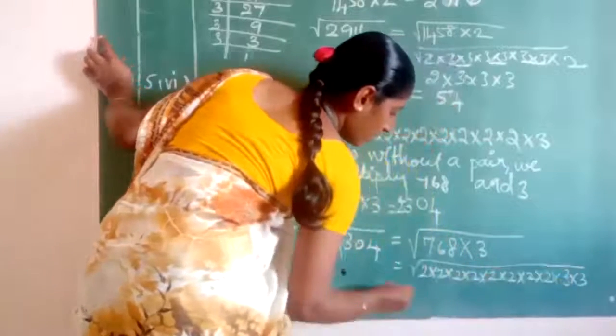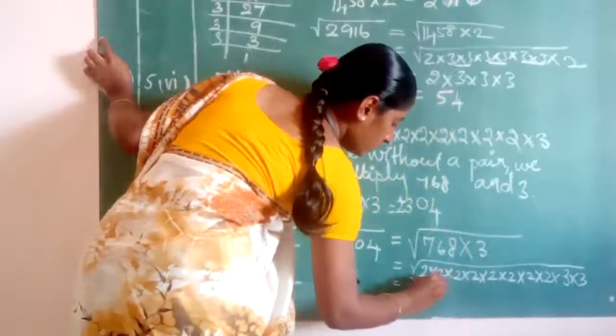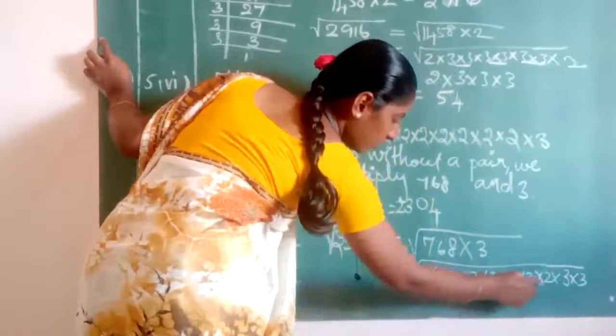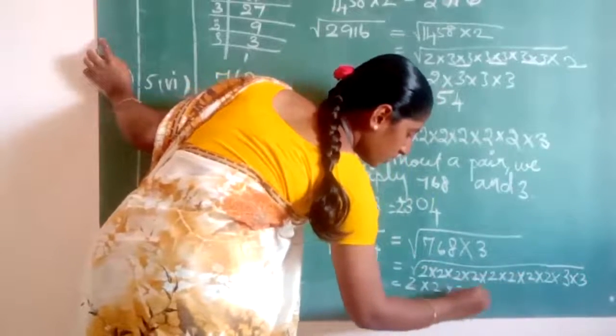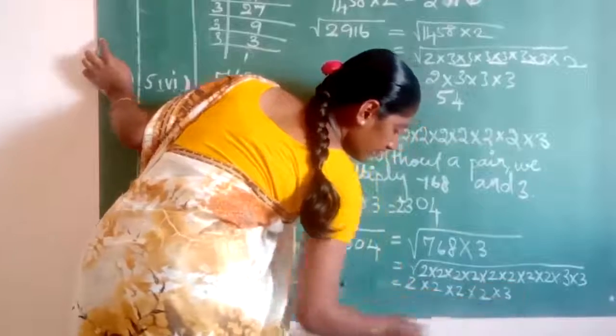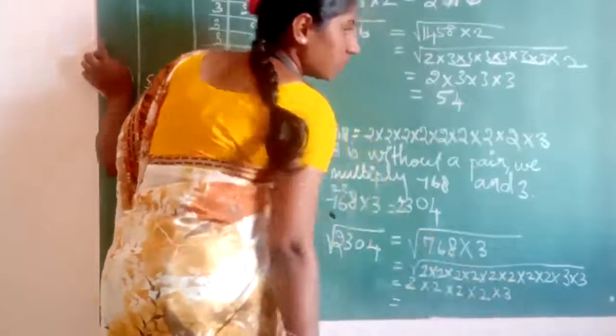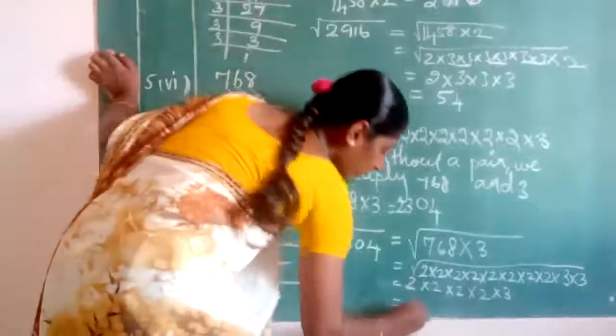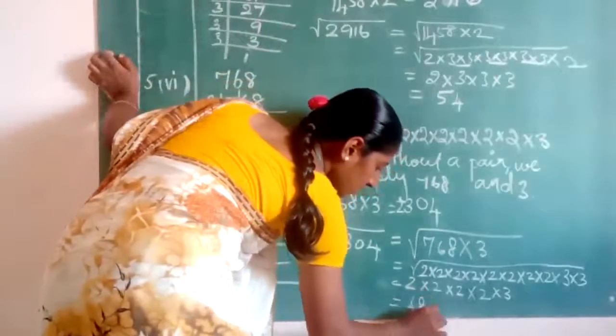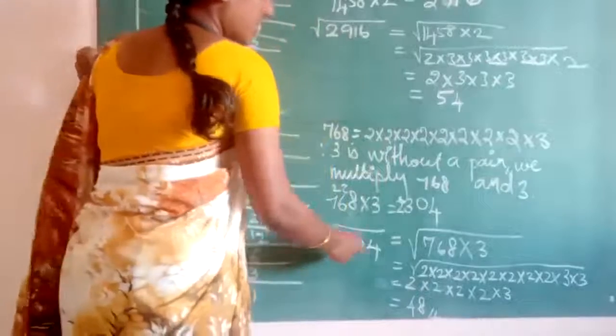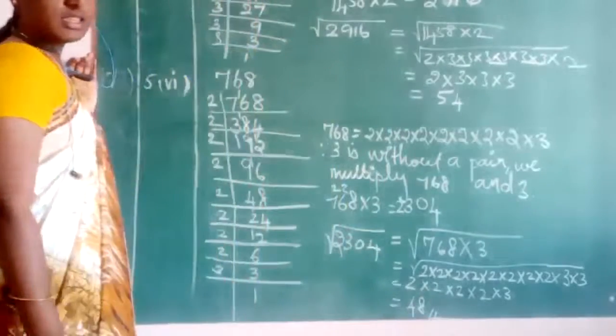Here you have 8 2's, so 4 pairs, so you will take 4 2's outside into 3, that is 2, 4, 8, 16. 16 3's are how much? 48. So 48 is the square root of 2304. Is it clear?